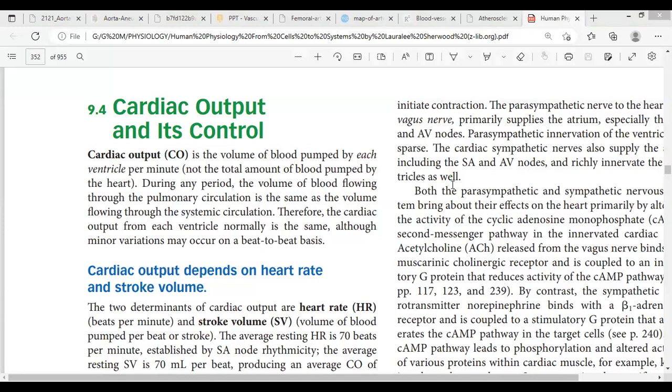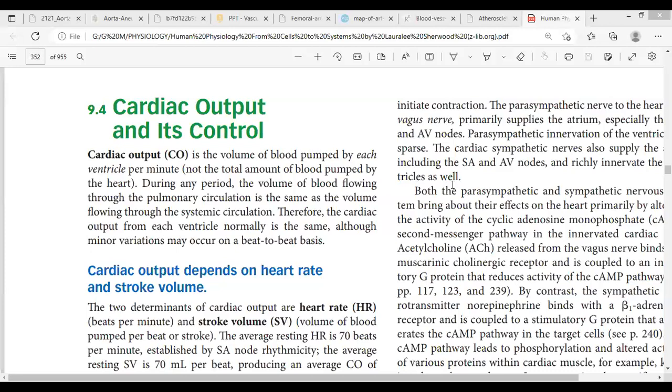The ventricles do most of the work in the heart. It depends on the heart rate and the stroke volume. Heart rate is the beats of the heart per minute, and stroke volume is the volume of blood pumped per beat or stroke.